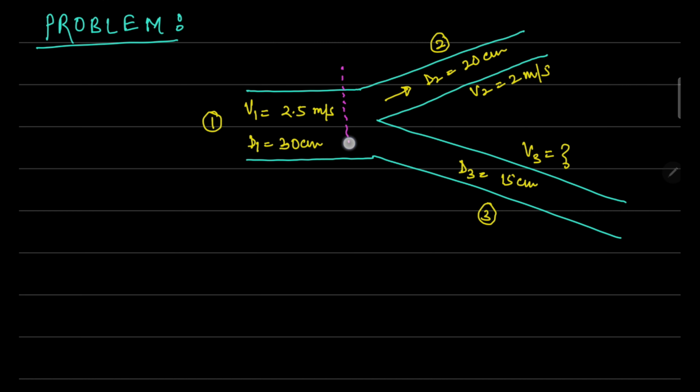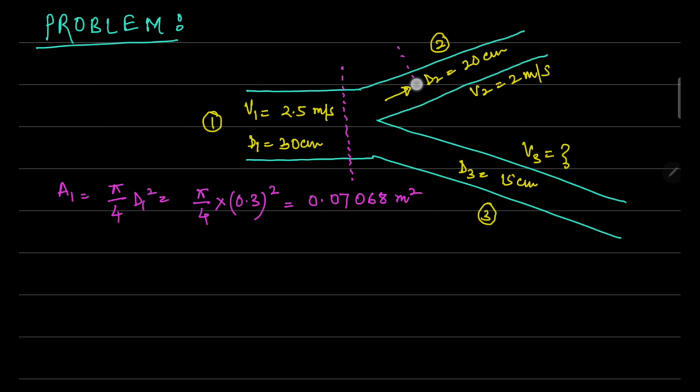Let's consider this section. The cross sectional area, let's say this is A1, so A1 is pi by 4 D1 square. Let's take all the units in meter. So this is pi by 4 times 0.3 square, and this comes out to be 0.07068 meter square.